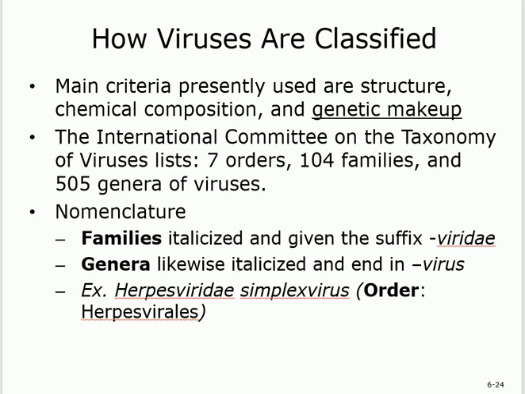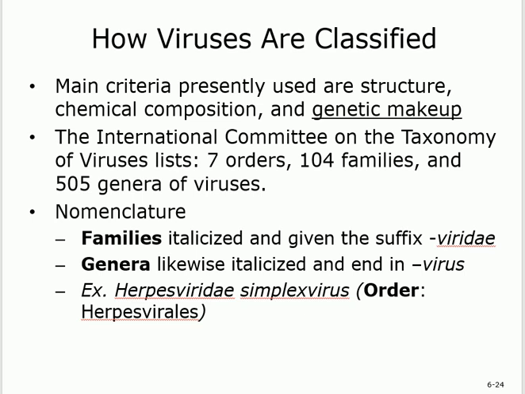The chemical composition: you have DNA, you have RNA, what kind of enzymes. This is the chemical composition. The most important of all is genetic makeup, okay? Tell me about the genes that you have, exactly what kind of RNA and DNA you have, and I will tell you the classification.